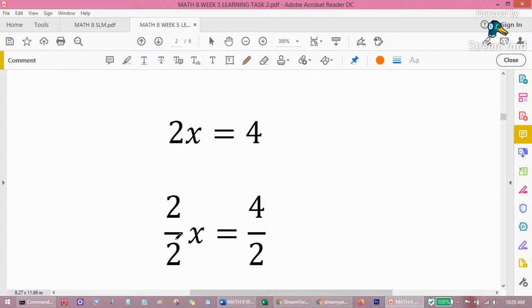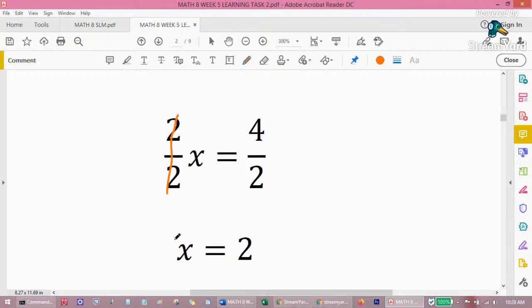Okay, so 2 divided by 2 is 1. 1 times x is x. Equals 4 divided by 2 is 2. So, lumalabas, kapag ang y is 0, ang x natin is 2.